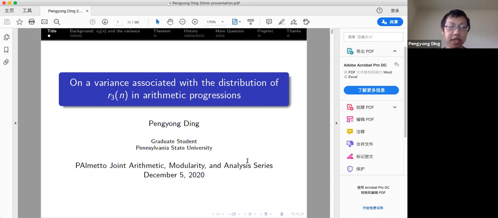The first question is about the function R3 of n, and the second question is about the variance associated with the distribution of a function in arithmetic progressions. I want to start from the background of these two questions, and then give some brief overview and history, as well as a sketch of the proof.